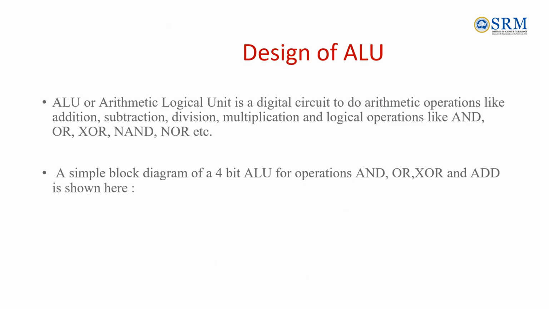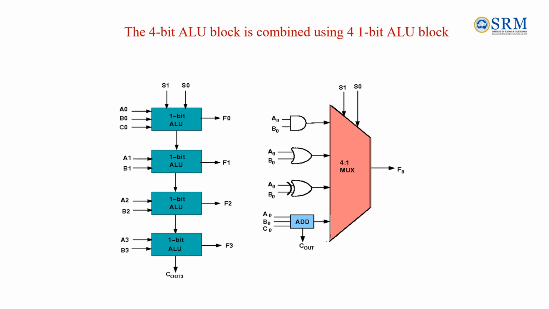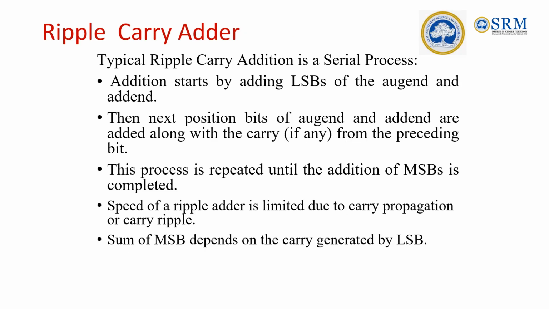So the ALU, or arithmetic logic unit, is a digital circuit to do arithmetic and logical operations like addition, subtraction, and also AND, OR. A simple 4-bit ALU block diagram is given here. So this is a 4-bit ALU block. Typically the ripple carry adder is a serial process.